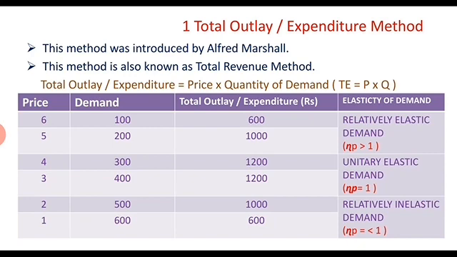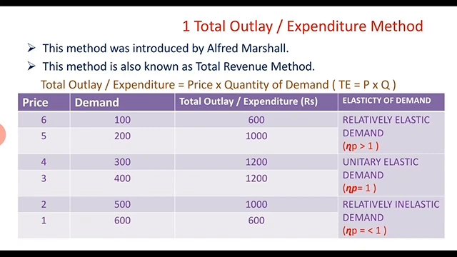At price 4 rupees, total outlay is 1200. At price 3 rupees, total outlay or total expenditure is equal to 1200. At 2 rupees price, total expenditure is 1000 rupees. At price 1 rupee, total outlay is 600 rupees.